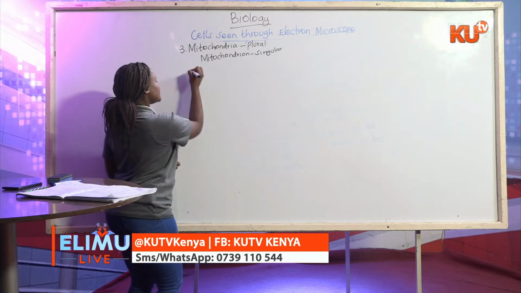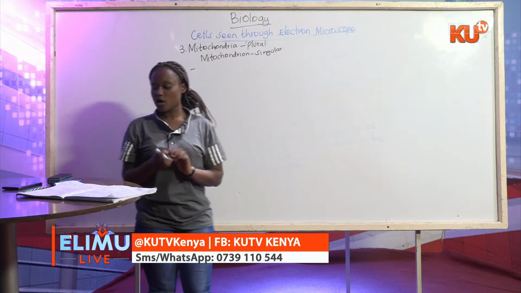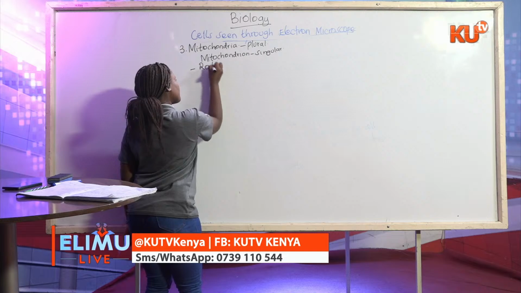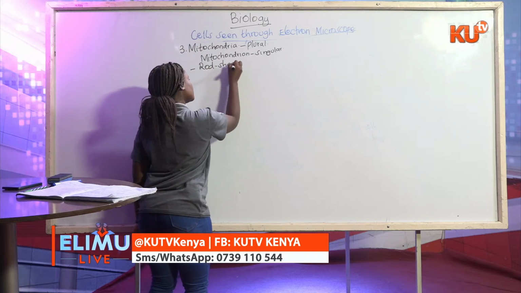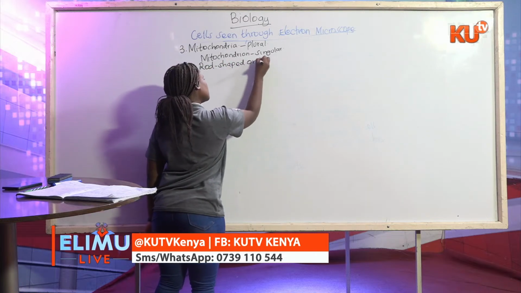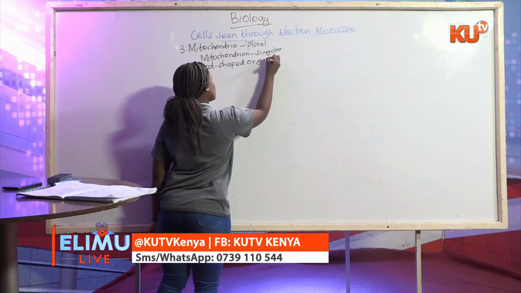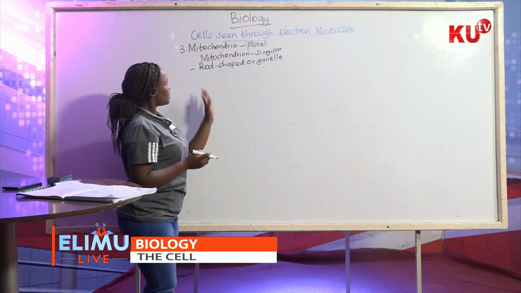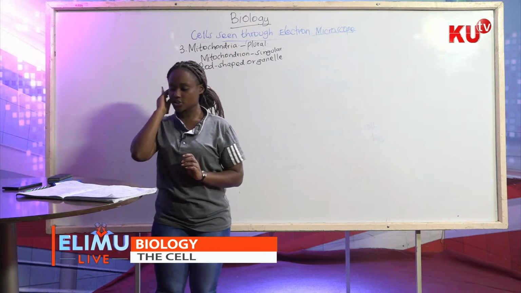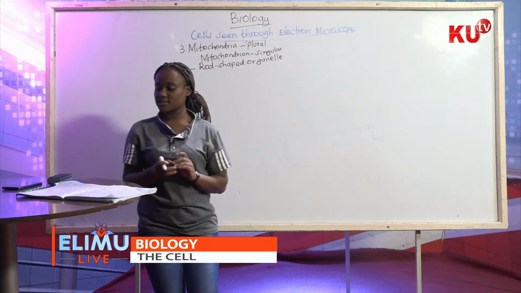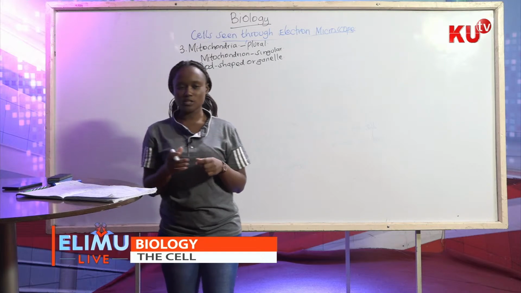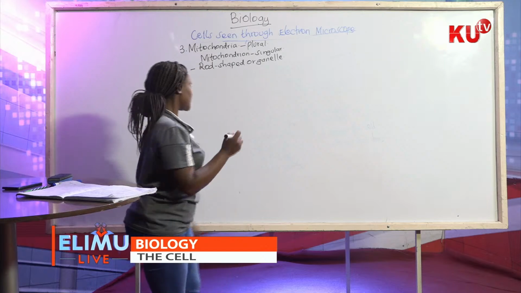Now, the mitochondrion is a rod-shaped organelle. It is made up of a smooth outer membrane and a folded inner membrane.